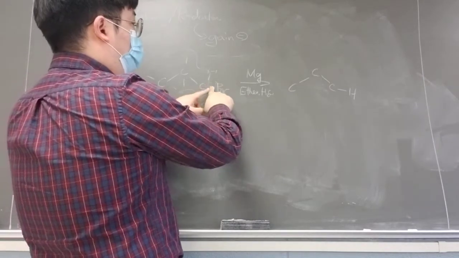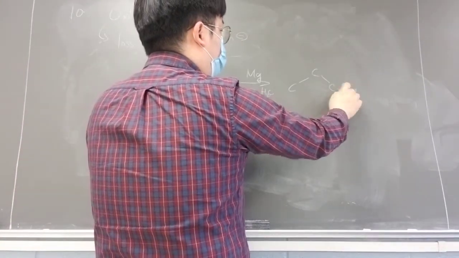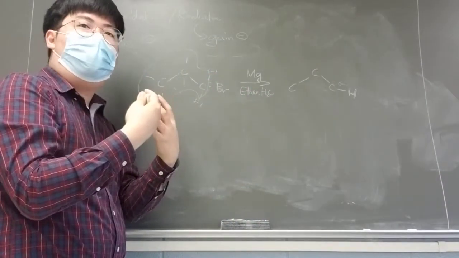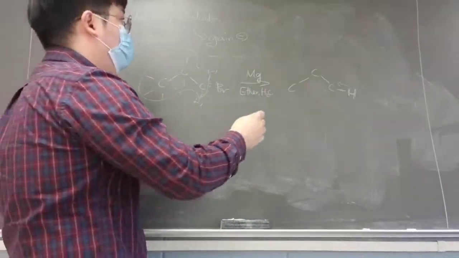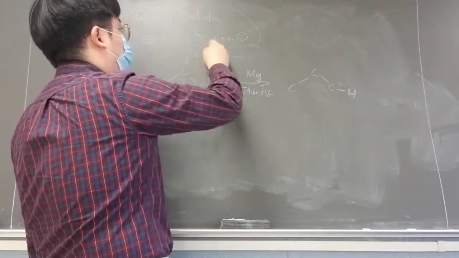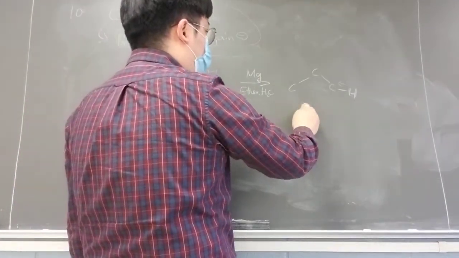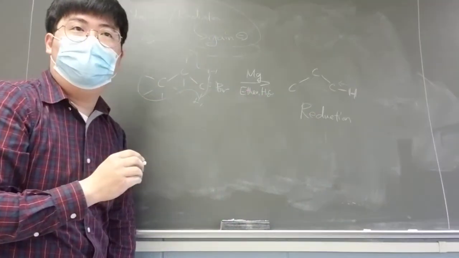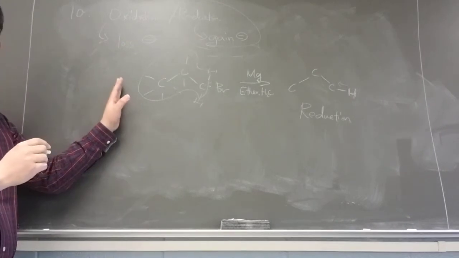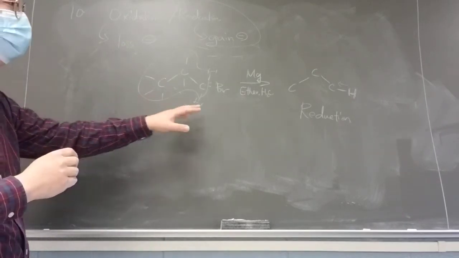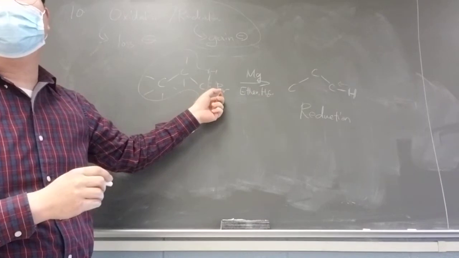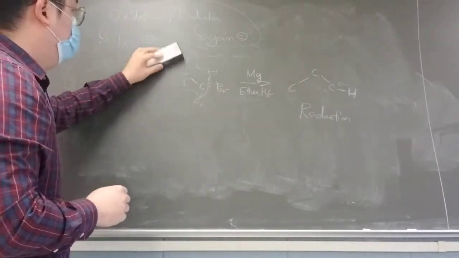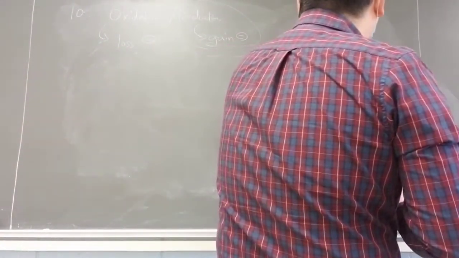But they break the bond and create a new carbon-hydrogen bond, and now carbon has more power to pull the electron to itself. So it's more like gaining electrons into the compound. So we call this reduction. Kind of makes sense, right? So the Grignard reaction will be a reduction reaction, because we're putting hydrogen in place of an electronegative element like bromine. So this is a good example of reduction. Just a couple more examples.